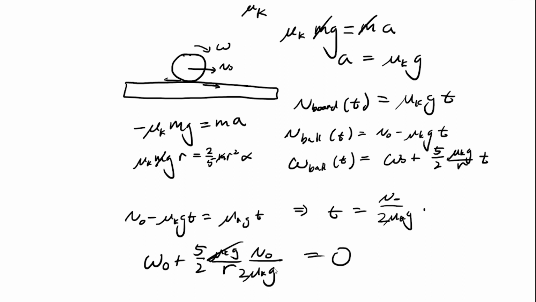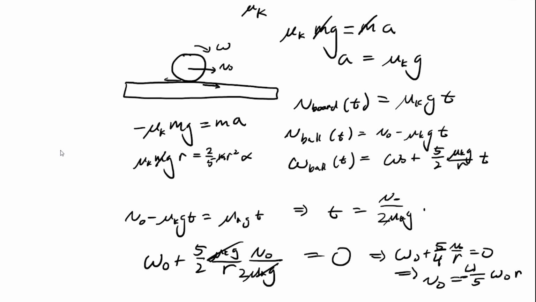And so a whole bunch of things cancel here, and we're left with omega naught plus 5/4 v naught over r is equal to 0, and so v naught must be equal to minus 4/5 omega naught r. So in other words, it can't be moving in the same direction at the start like this, it has to be moving backwards, which would make intuitive sense since it needs to slow down.